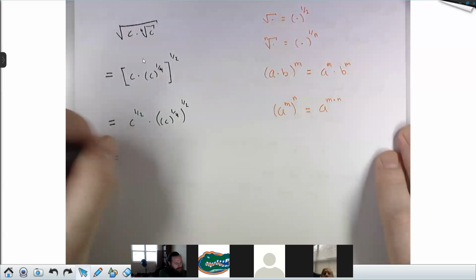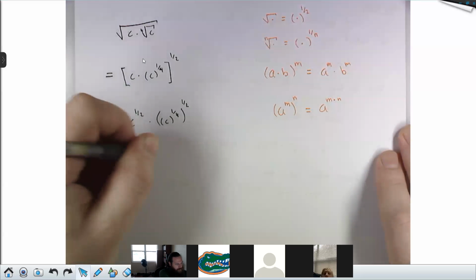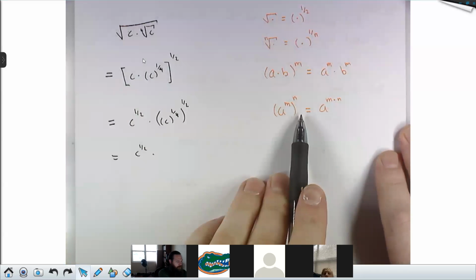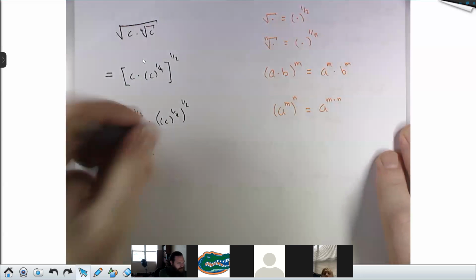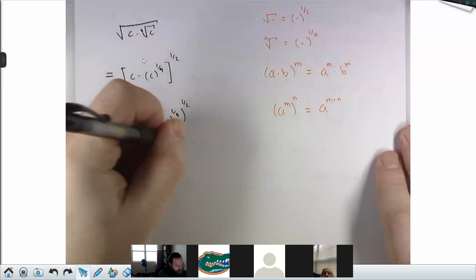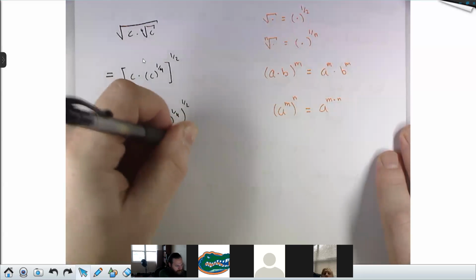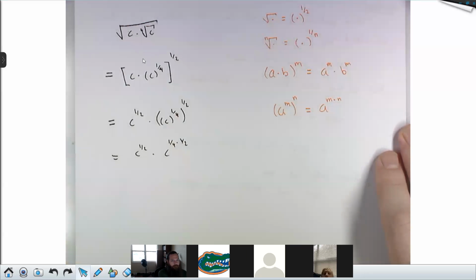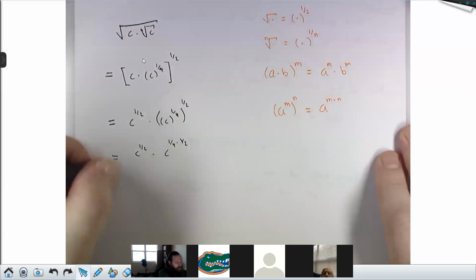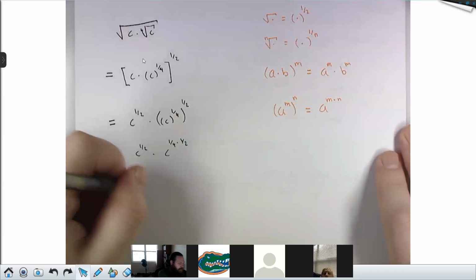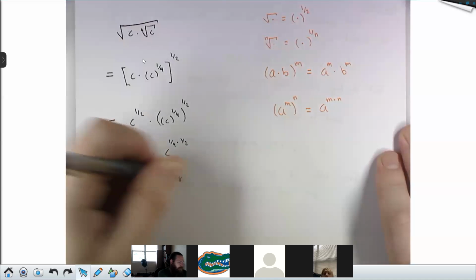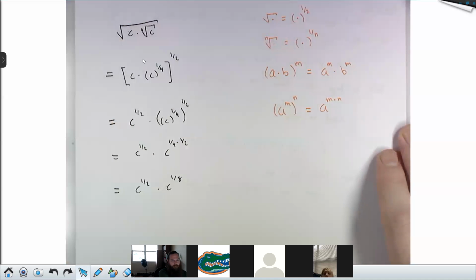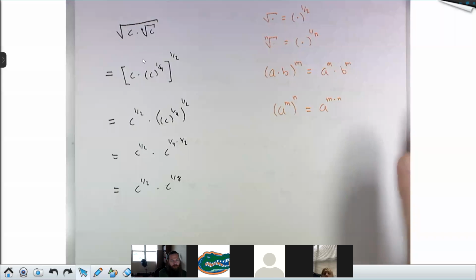This is now c to the 1/2 times, according to this bottom rule, c to the 1/4 times 1/2. And if you multiply 1/4 and 1/2, you get 1/8. Are there any questions up to here?